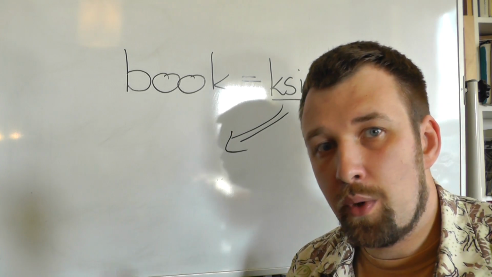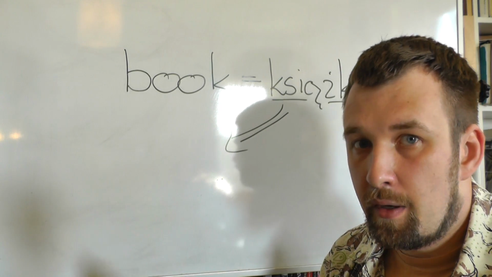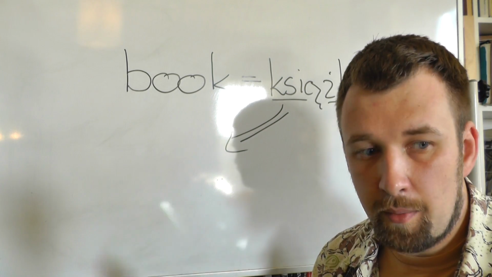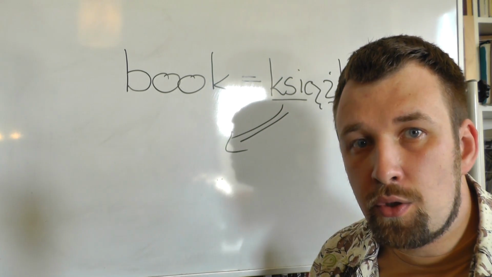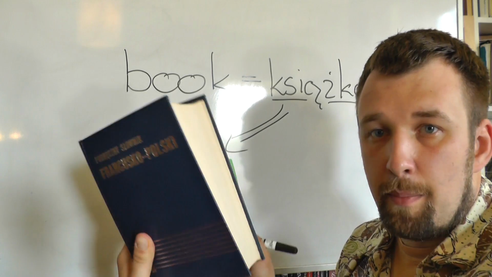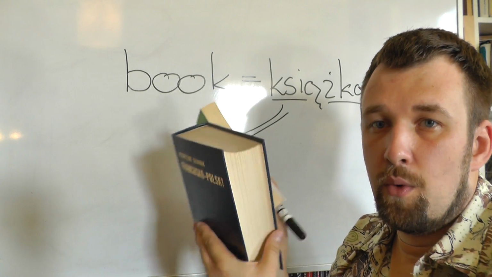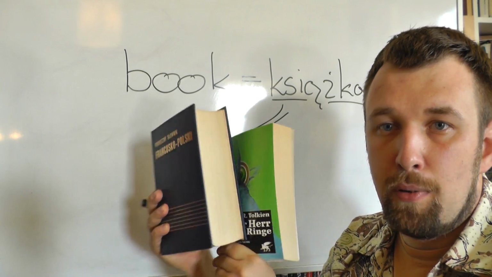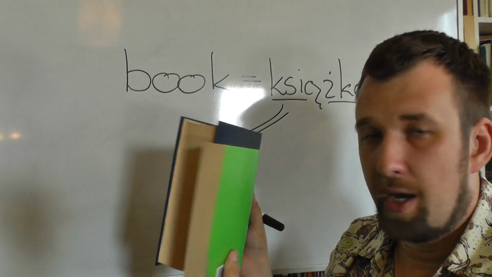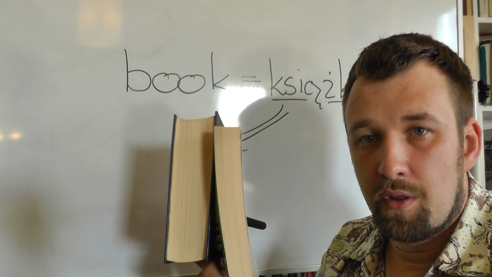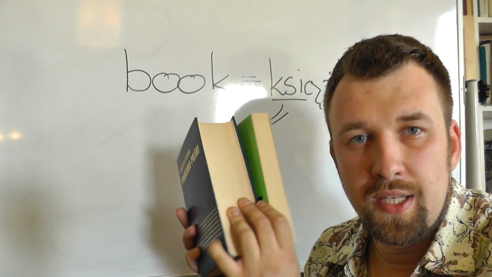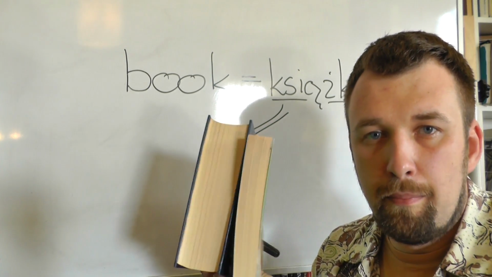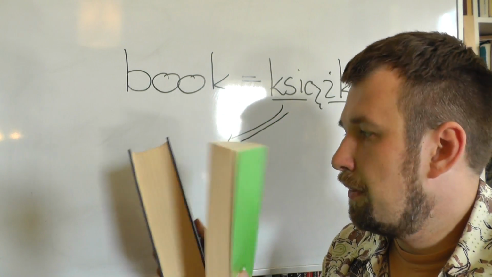So when I want them to see a big book, I show them a bigger book. I don't use the dictionary. This is a dictionary, this is a big book, compared to the one. The blue book is big, is thick, and the green book is not that big. So with this, I can introduce the idea of a big thing and a small thing.